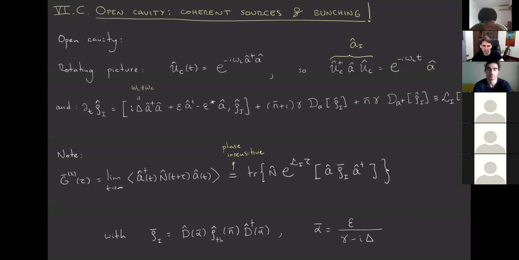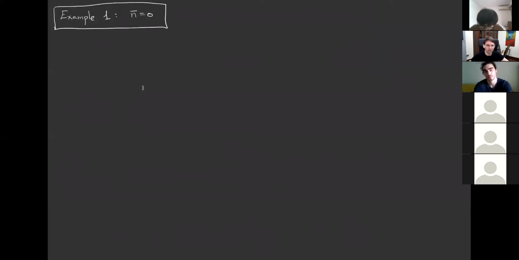So now that we know this, it's very easy to evaluate the G2 function, and we are going to do it for two specific cases that are the extremes. So the first example, example 1, we are going to see what happens at 0 temperature. So what happens when the thermal state is vacuum, okay?